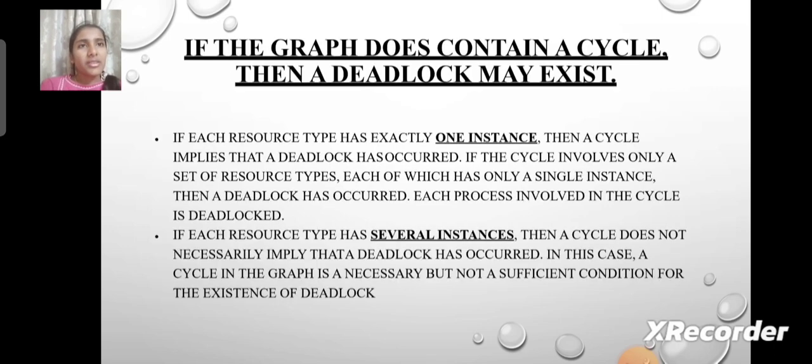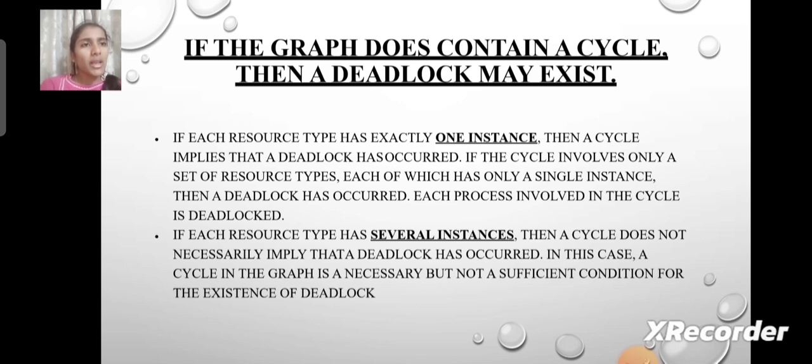If the graph doesn't contain a cycle, then no deadlock exists. If each resource type has exactly one instance, then a cycle implies that a deadlock has occurred. If the cycle involves only a set of resource types, each of which has a single instance, then a deadlock has occurred.